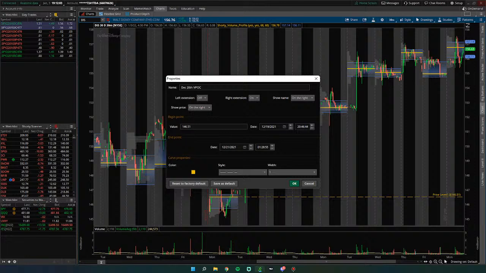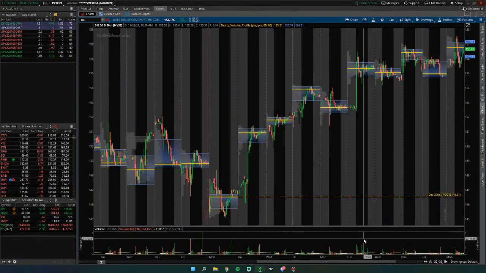And then all I have to do is change the date. I have show name on the right, right extension turned on, and show price on the right as well. Then you just click OK, and there's your VPOC.